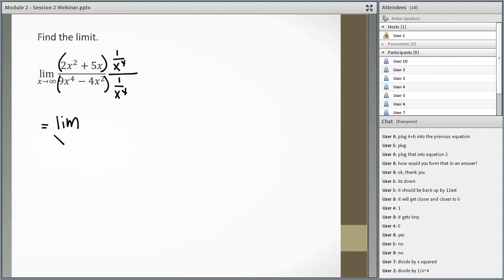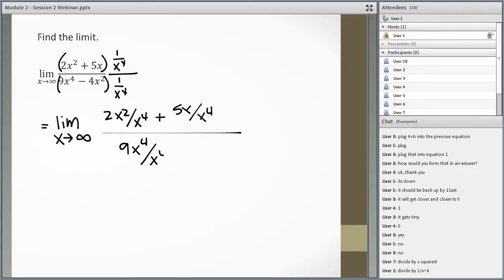So I have the limit as x approaches infinity of 2x squared over x to the fourth, and you don't necessarily have to write this step, just mostly writing it for notes, plus 5x over x to the fourth over 9x to the fourth over x to the fourth minus 4x squared over x to the fourth. So I just divided each term by an x to the fourth.